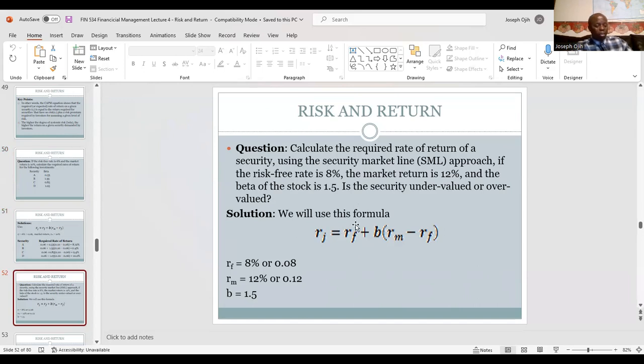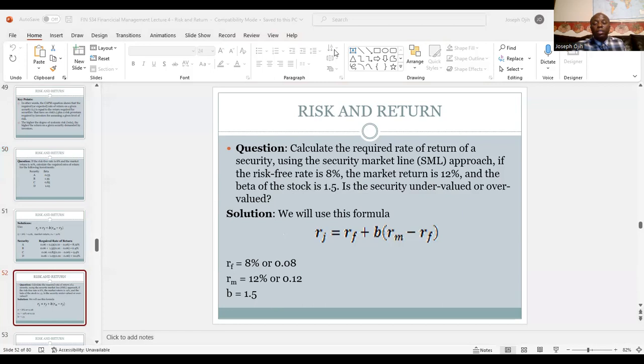Again, look at the formula we use here. Our risk-free rate RF is 8%, the market return RM is 12%, and the beta of the stock is 1.5. You can see them all right here.